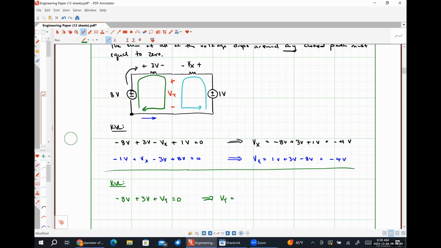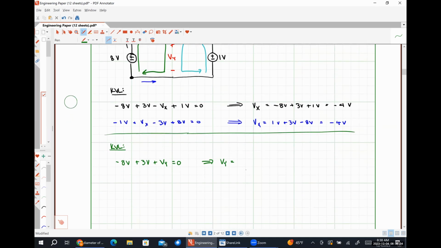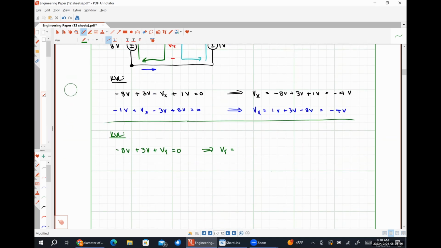So Vy is going to be equal to, excuse me, this thing keeps moving on me and it's ticking me off. 8 volts minus 3 volts is equal to 5 volts. And if I went in the opposite direction of my green path, I would still get that exact same result.